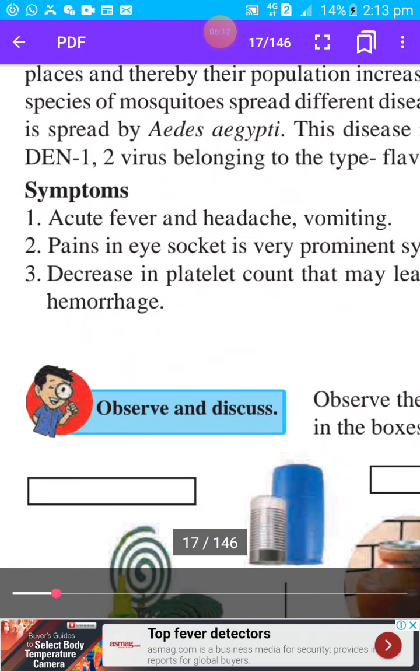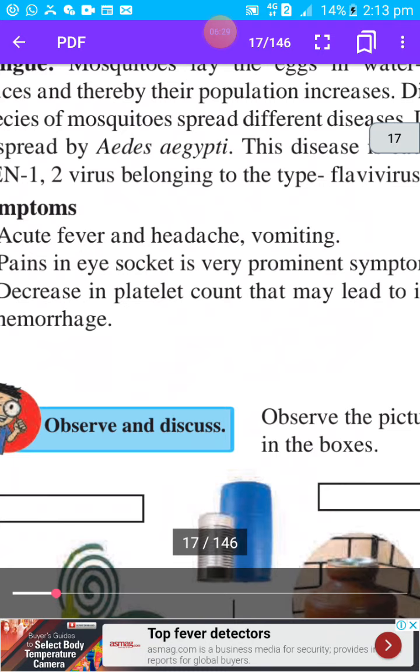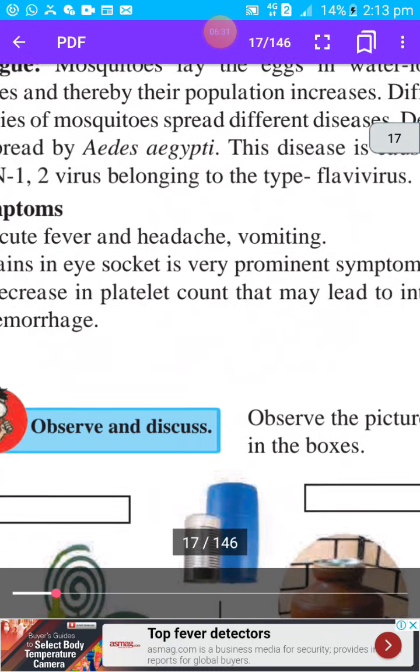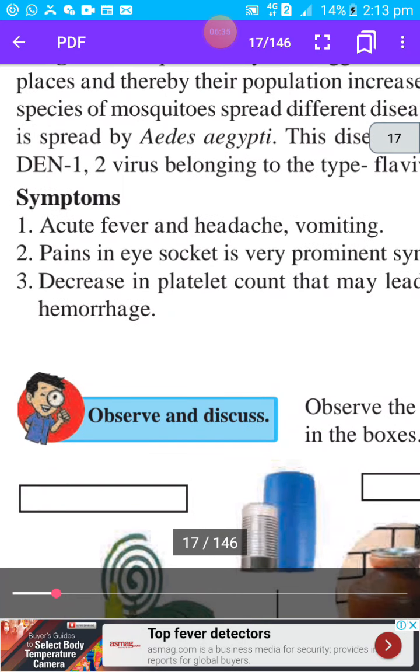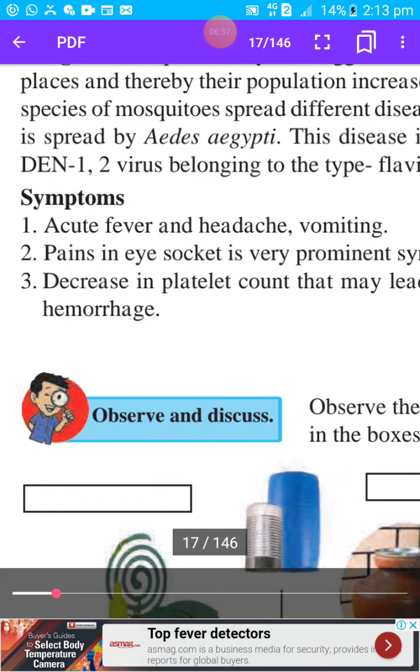So what are the symptoms? Symptoms, in Marathi lakshan. First one, acute fever and headache and vomiting. There may be acute fever, headache, vomiting, pain in the eye socket. The pain in the eye socket is a very prominent symptom, in the majority of cases. So if there is a pain in the eye socket, there may be dengue.